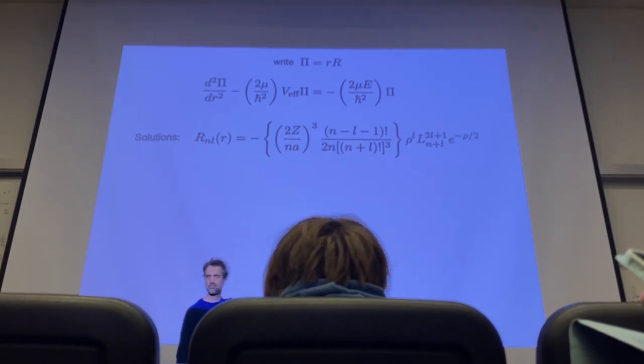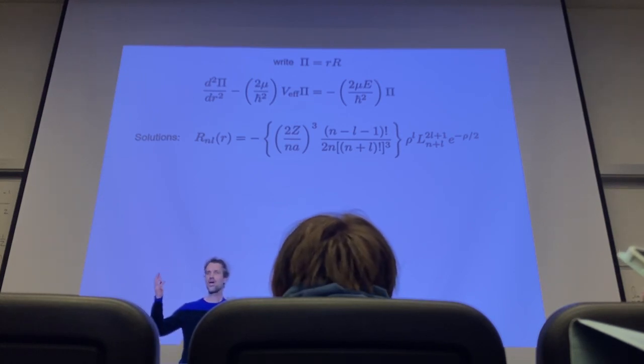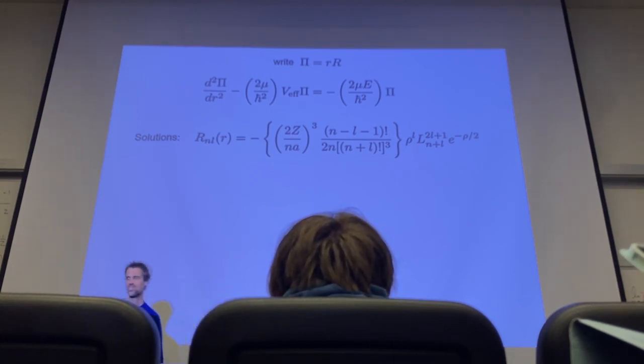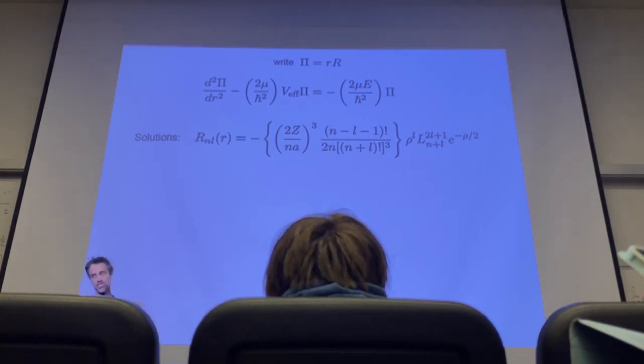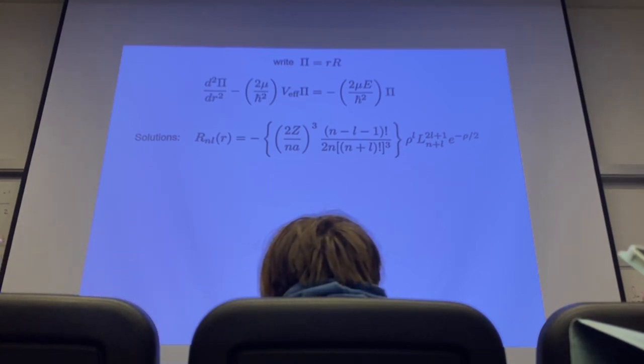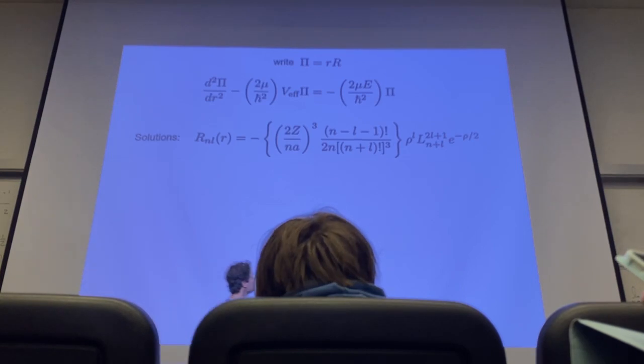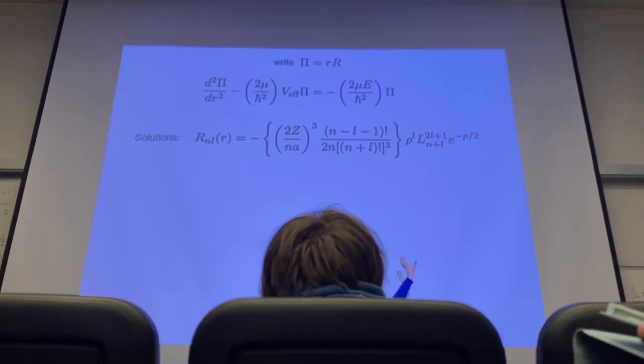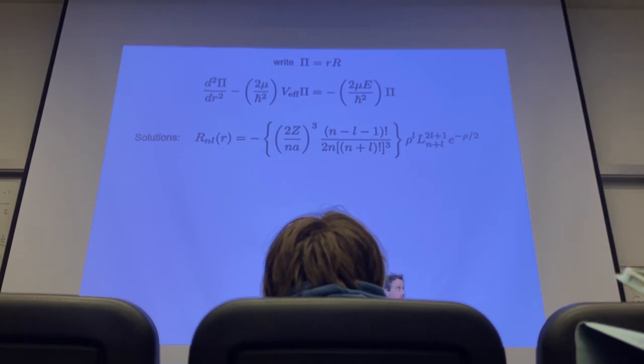It looks terrible, but it's just a number, okay? If I say 2, you're not scared, but if I say that, you're scared. But in fact, that could just be 2, okay? So don't be scared. Then the last part, this is really the functional part. This is the part that really depends on distance. The rest is just constants.